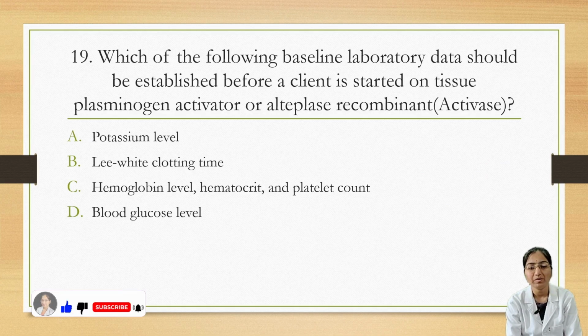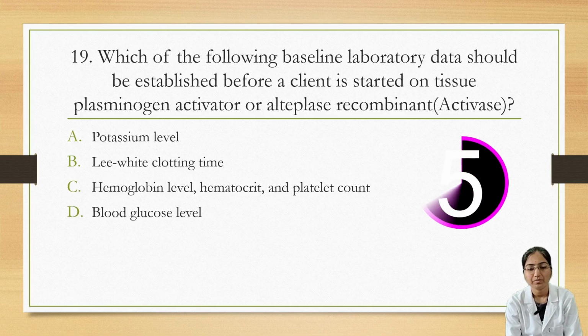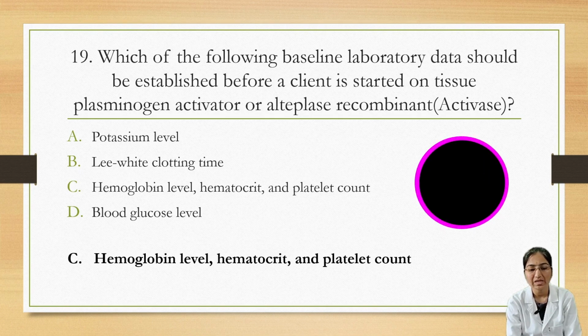Which of the following baseline laboratory data should be established before a client is started on tissue plasminogen activator? Right option is C, that is hemoglobin level, hematocrit and platelet count.